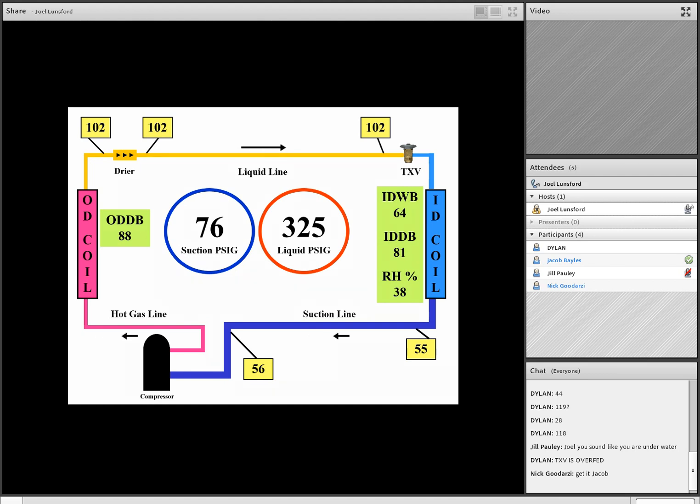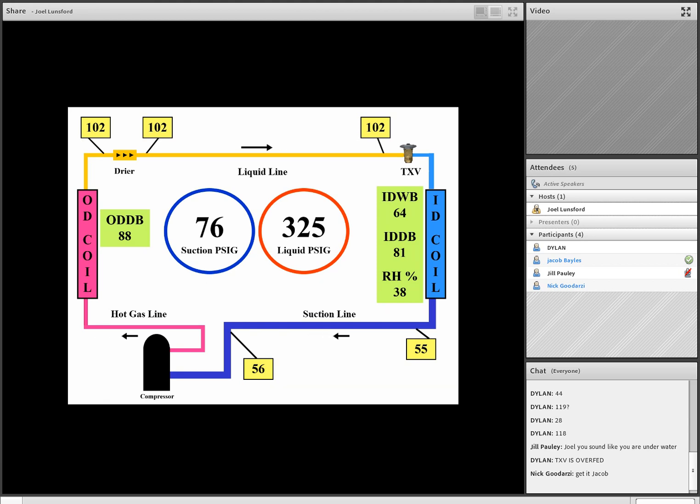So what condition would give us high subcooling, high liquid pressure, about normal superheat, and about normal suction with an expansion valve system? What's your diagnosis?